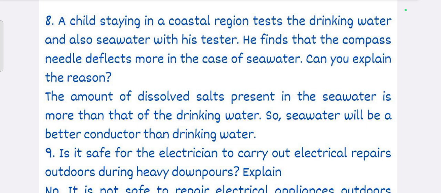He finds that the compass needle deflects more in the case of seawater. Can you explain the reason?